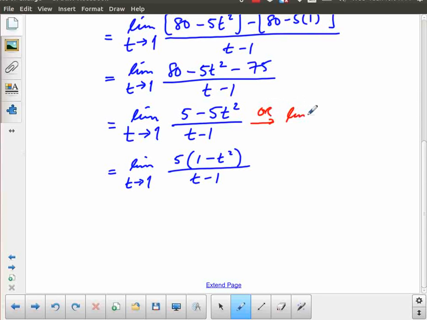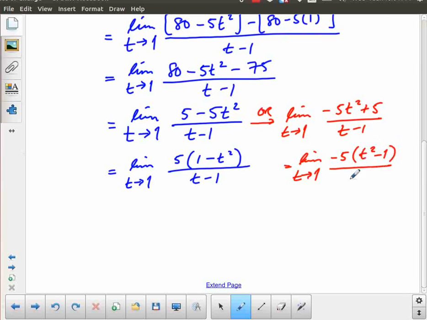or I could have written this as the limit as t approaches 1, and I could have said this is negative 5t squared plus 5 over t minus 1, and that's equal to the limit as t approaches 1 of, and I'm going to take out the negative 5 this time, and I end up with t squared minus 1 over t minus 1. Now I'll finish with this right side because I actually think it's the easier one.